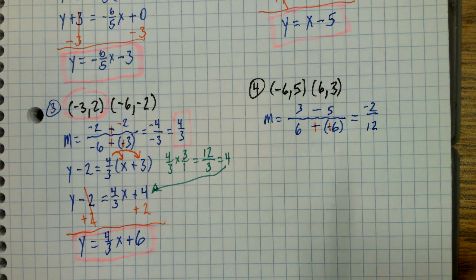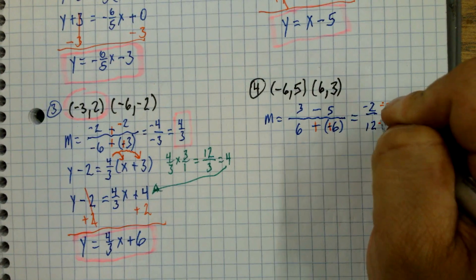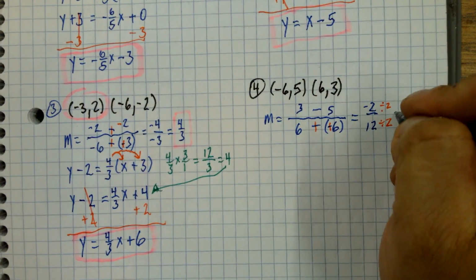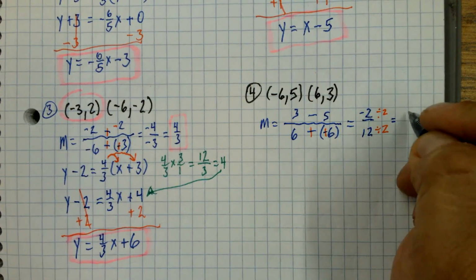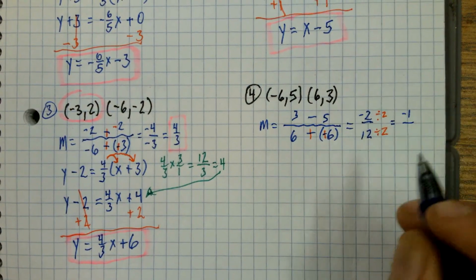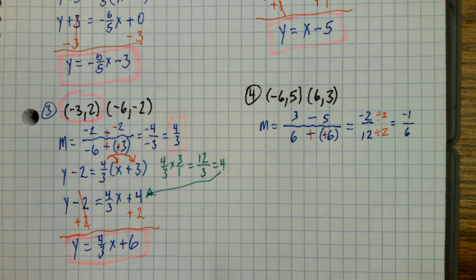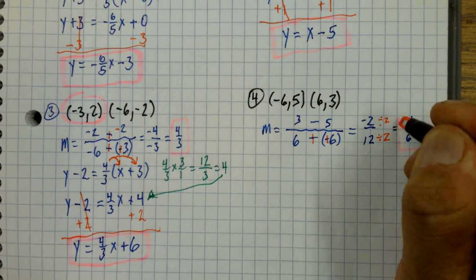All right. I can reduce this. Let's divide out 2. So this is going to be -2 divided by 2. And then 12 divided by 2 is 6. -1/6. So we have a slope of -1/6.